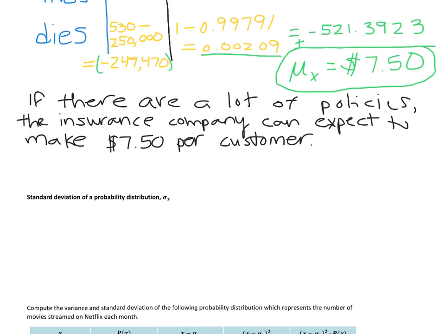All right, and this is the work of actuaries. One branch that you can go into if you major in statistics is to become an actuary, and they set these values for the insurance company, and it helps determine how much the insurance company is going to make.